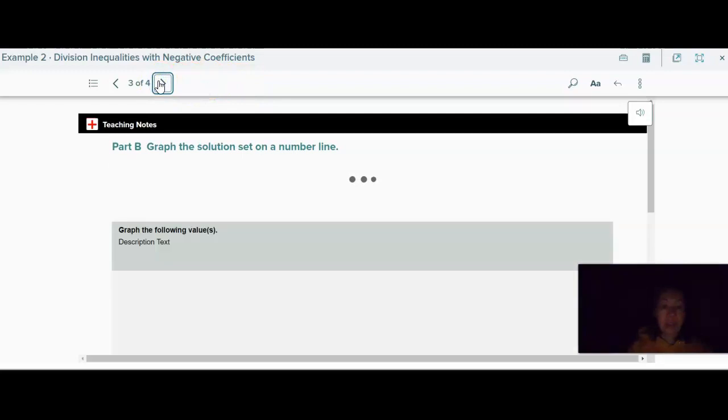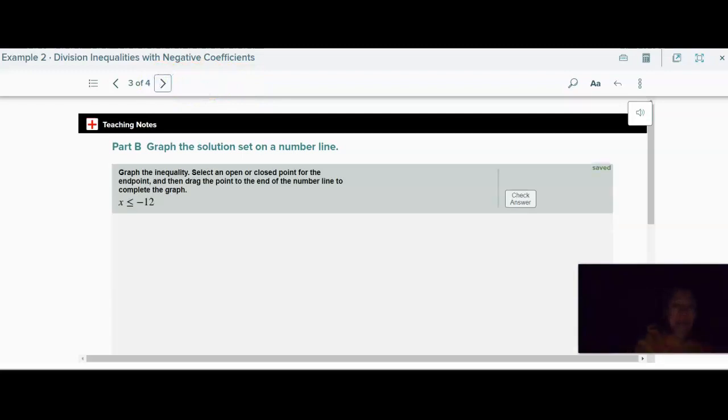Then we can graph it: go to negative 12, closed circle, and since it's less than, our arrow goes to the left.